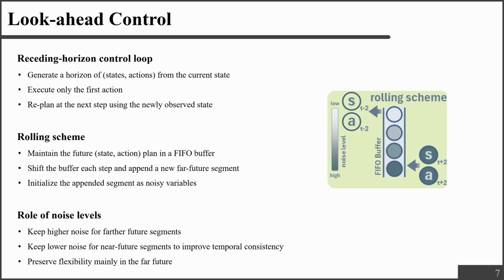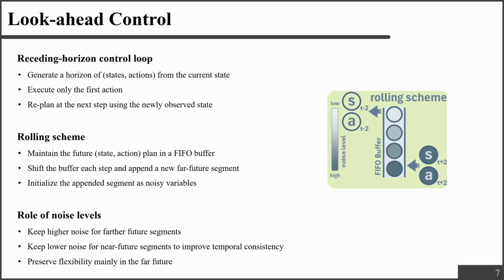Denoising is applied to the buffer so that near future segments remain relatively stable while far future segments remain more adjustable. Practically, this supports stable execution while still allowing the plan to adapt when constraints change.